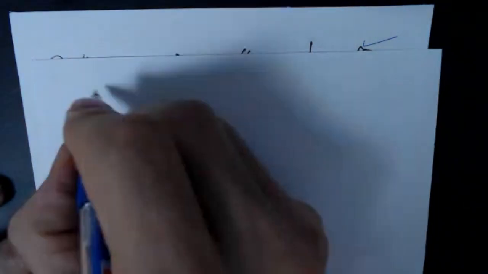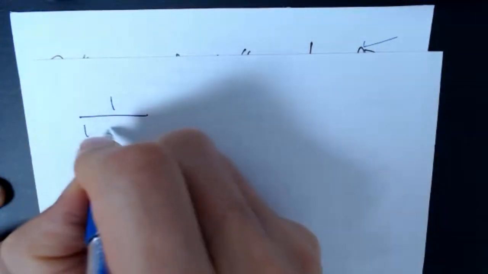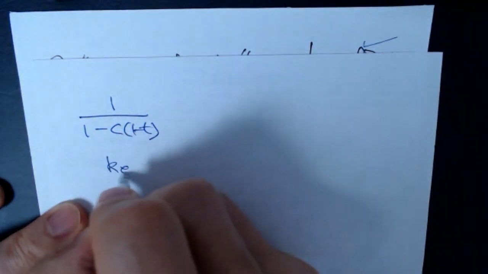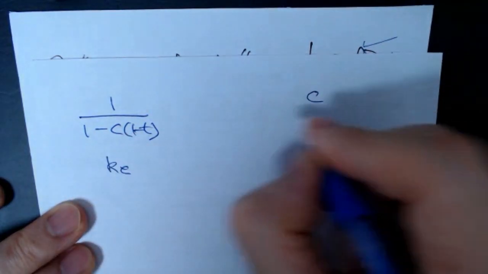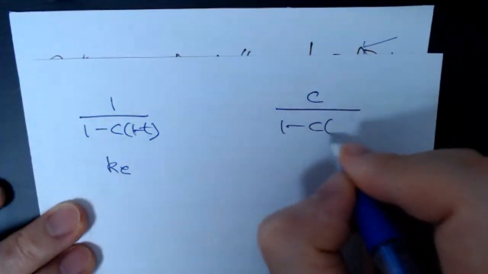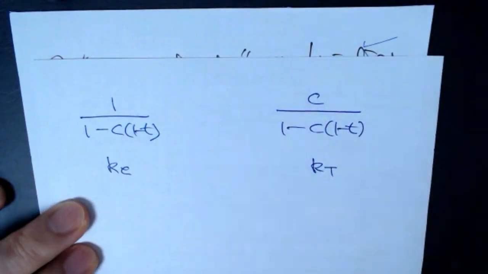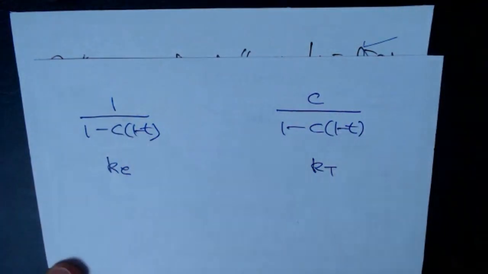My question is whether the left-hand side, which is KE, or the right-hand side, which is KT, is greater. I just erased the negative sign in front because we are interested in the absolute amount.